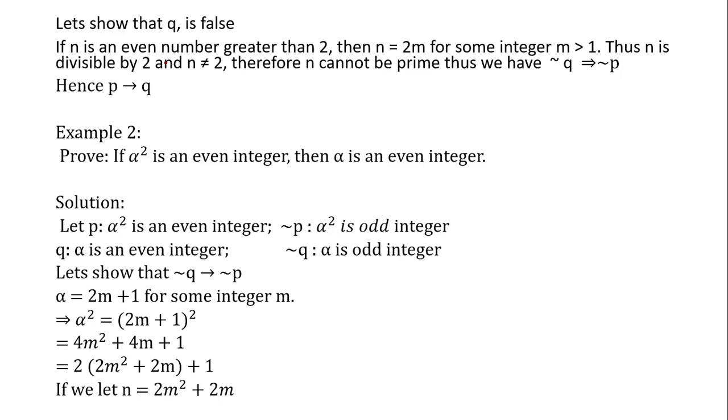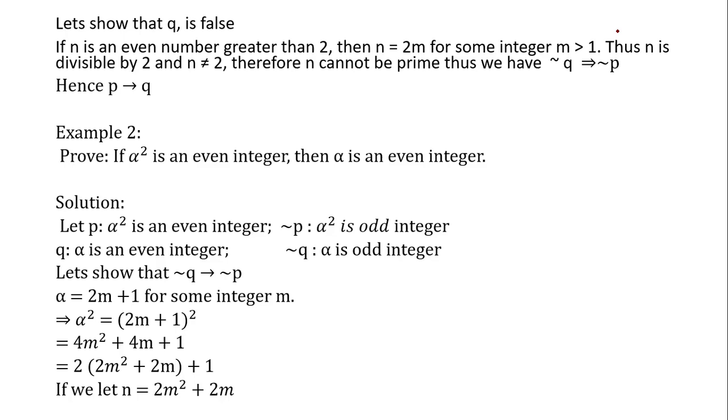So if n is an even number greater than 2, then n is equal to 2m, where m can be any positive integer. But here m should be greater than 1, because when m is equal to 1, we have n equal to 2.